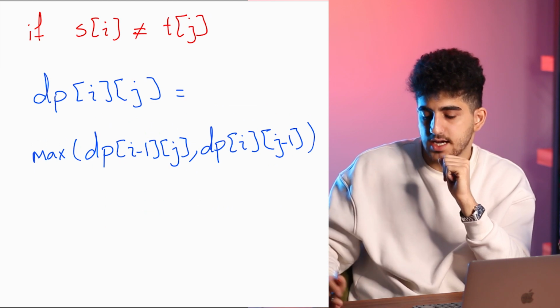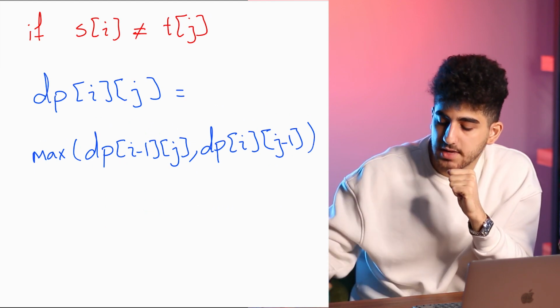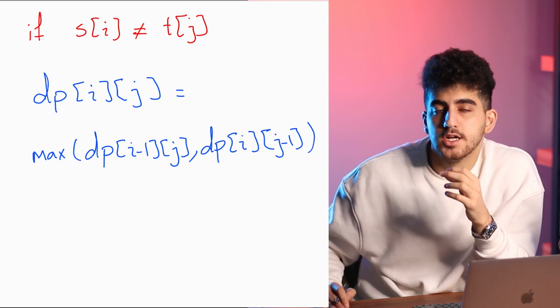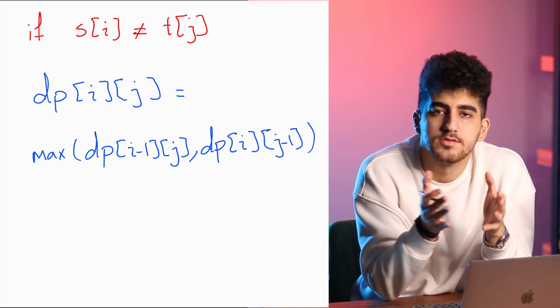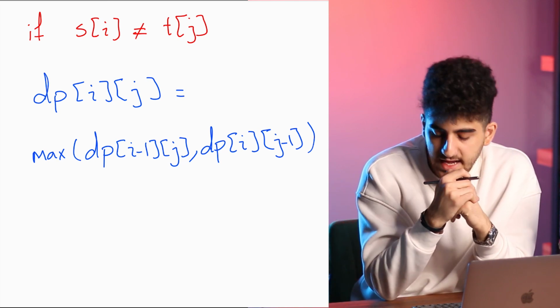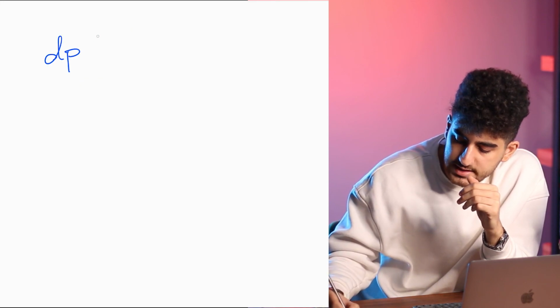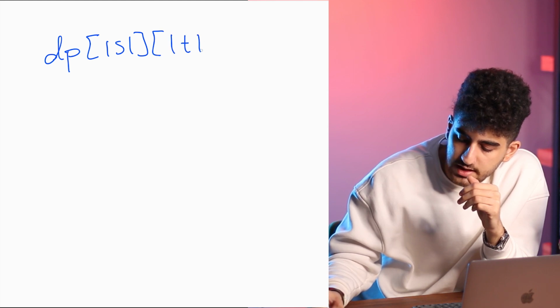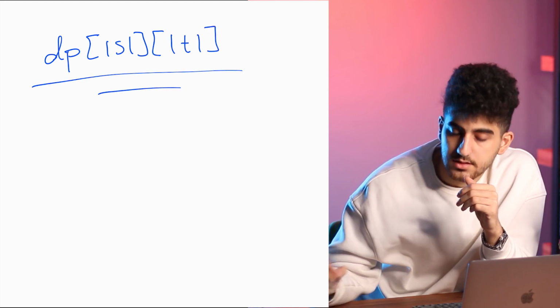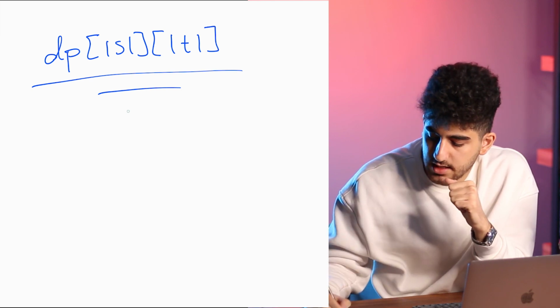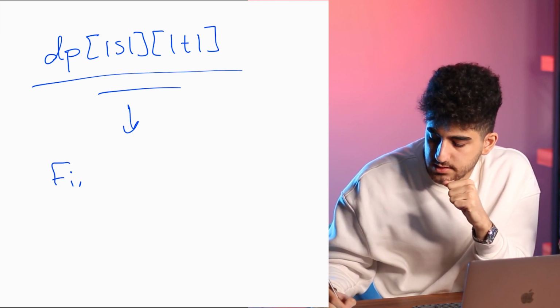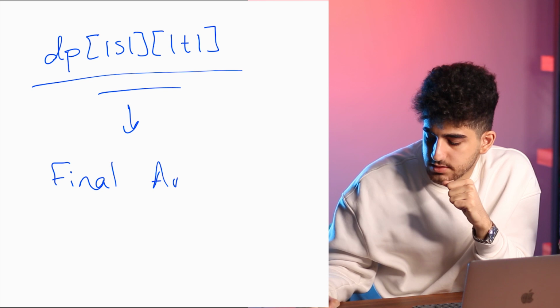In the second case, I say that dp of I and j is equal to maximum of these two values. So this way I can calculate the values of my dp. And I can report dp of I, size of s and size of t as my final answer. So this is how I can find the LCS of two strings.